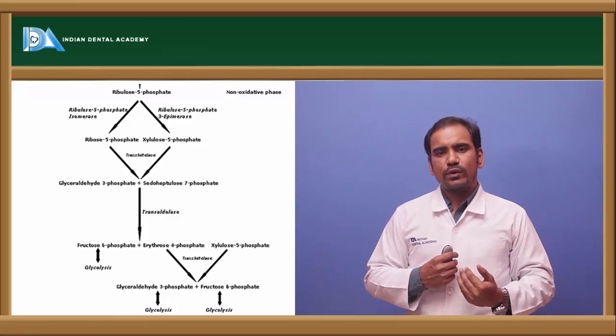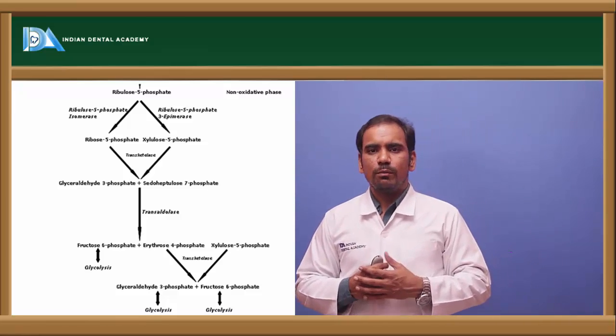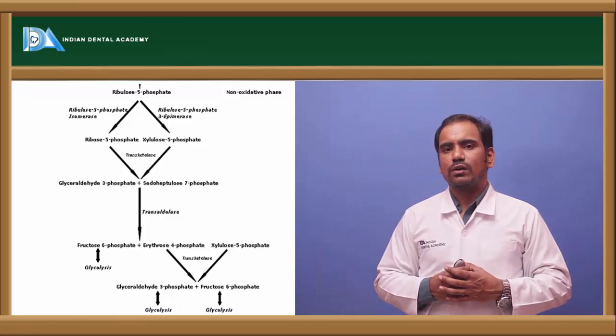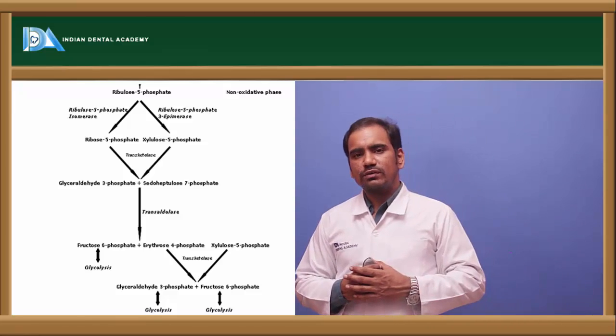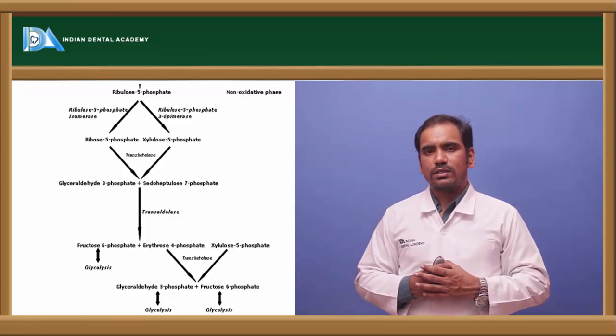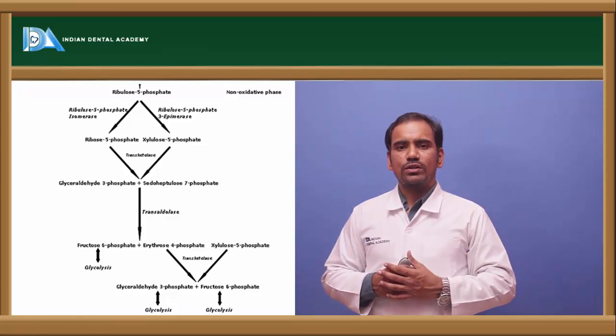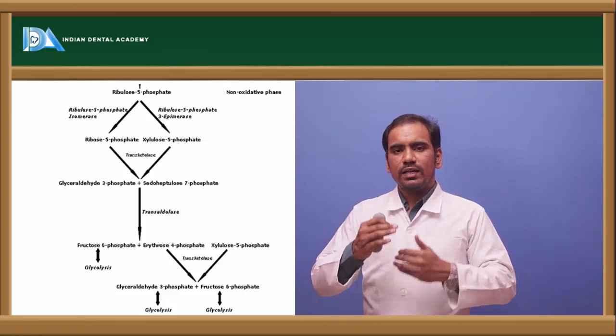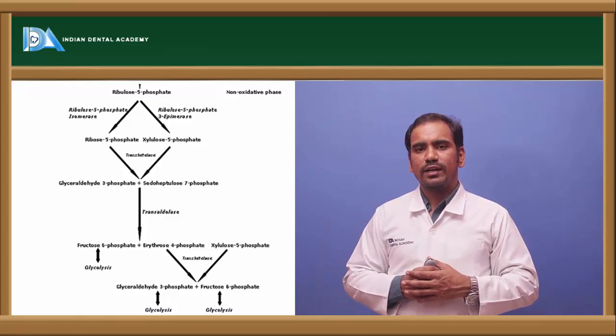So glyceraldehyde 3-phosphate may enter into glycolysis because it is one of the intermediates of glycolysis, and in the same way fructose 6-phosphate is also an intermediate of glycolysis. Basically, in the non-oxidative phase of the HMP pathway, there is interconversion of different monosaccharide phosphates.